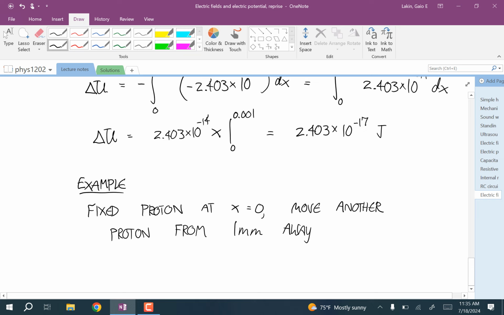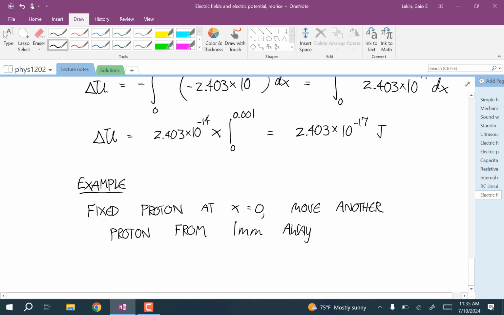Just think about this intuitively for a second. These protons are going to repel each other. We have our fixed proton here, and we have this other proton here. This one is fixed, and we're going to move this proton closer to it.